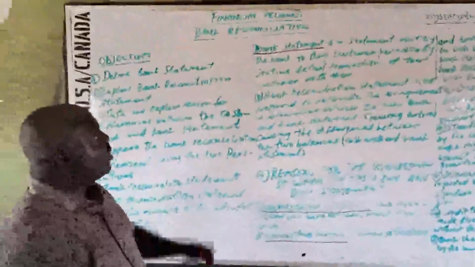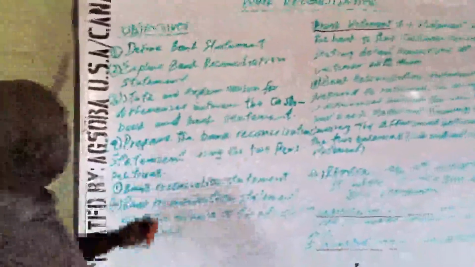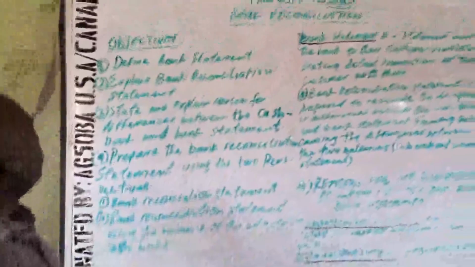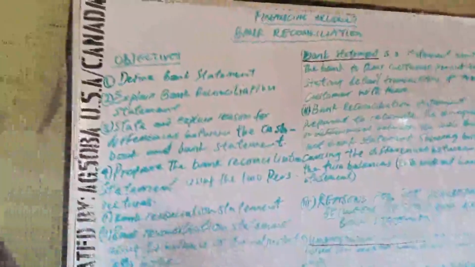Today's topic is on bank reconciliation. At the end of the class, we first of all have to look at the objectives that we are to achieve. The first one is that the student must be able to define the bank statement.